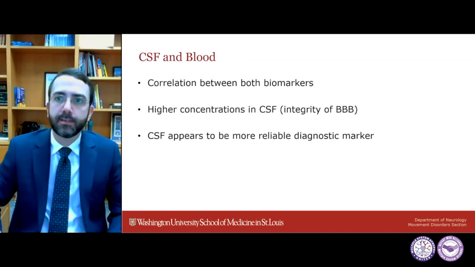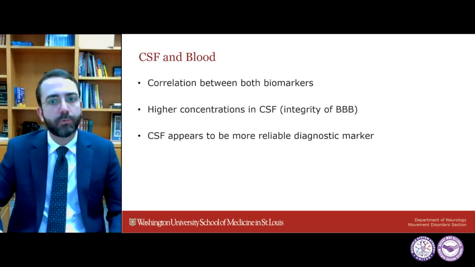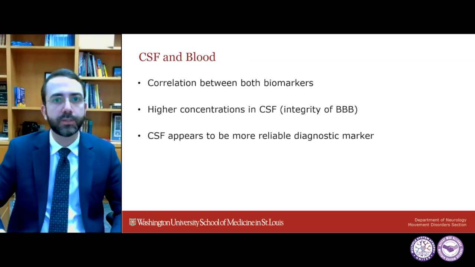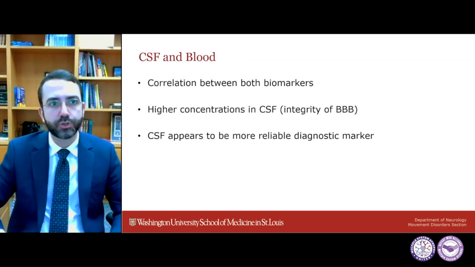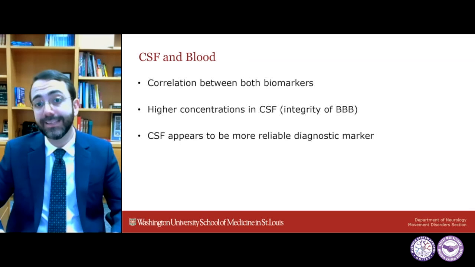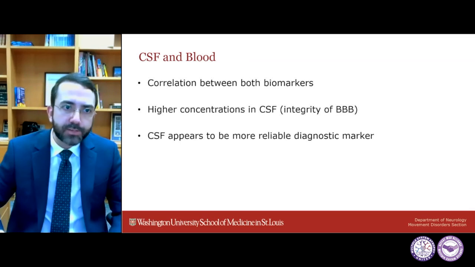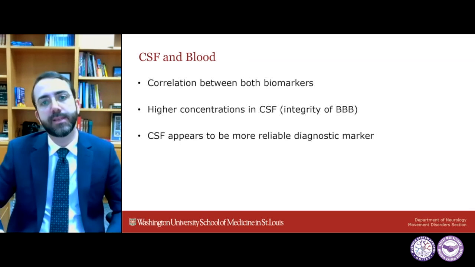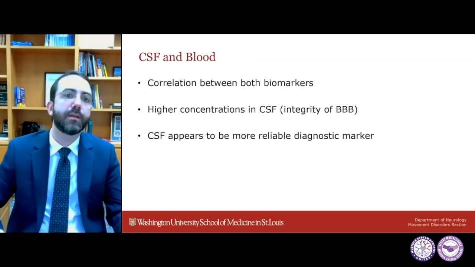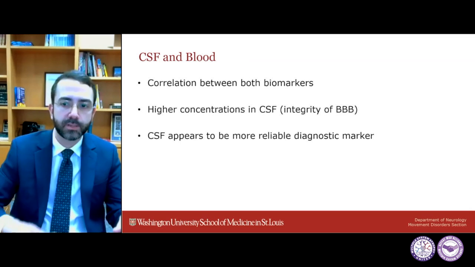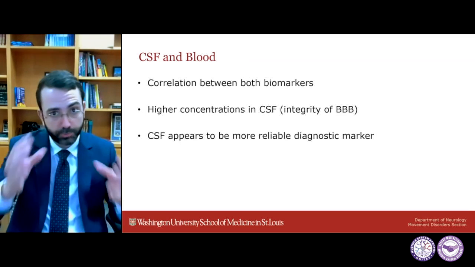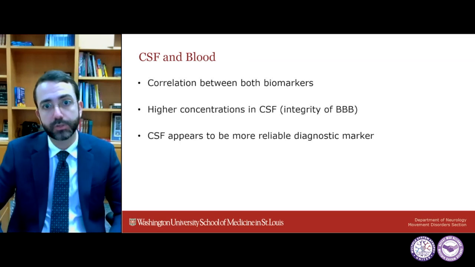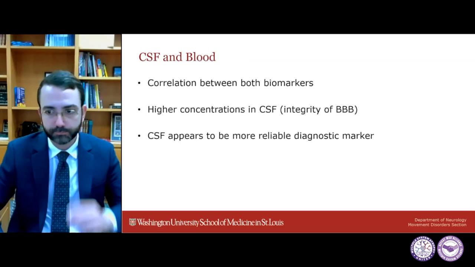As I discussed, one of the main challenges is what's the best fluid to detect neurofilament light chain. Blood is obviously easier to get, but as of now, we cannot say with confidence that serum neurofilament light chain correlates with spinal fluid or the fluid that surrounds the brain in patients with multiple system atrophy.